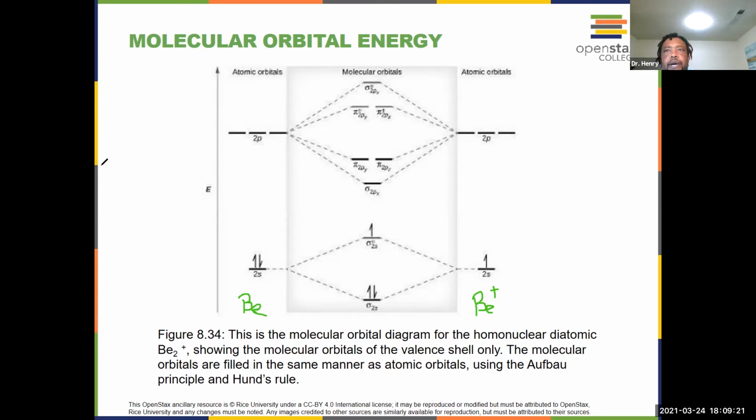Okay. So I'm going to teach you how to calculate bond order, not bond length. Bond order basically lets us know the strength of the bond that's going to form. It'll also let us know whether or not we're actually going to even have a bond.